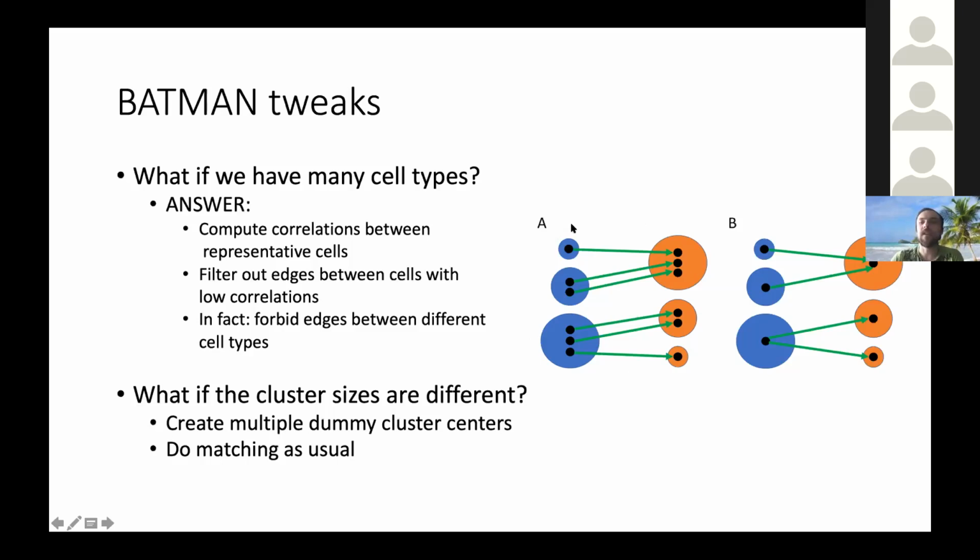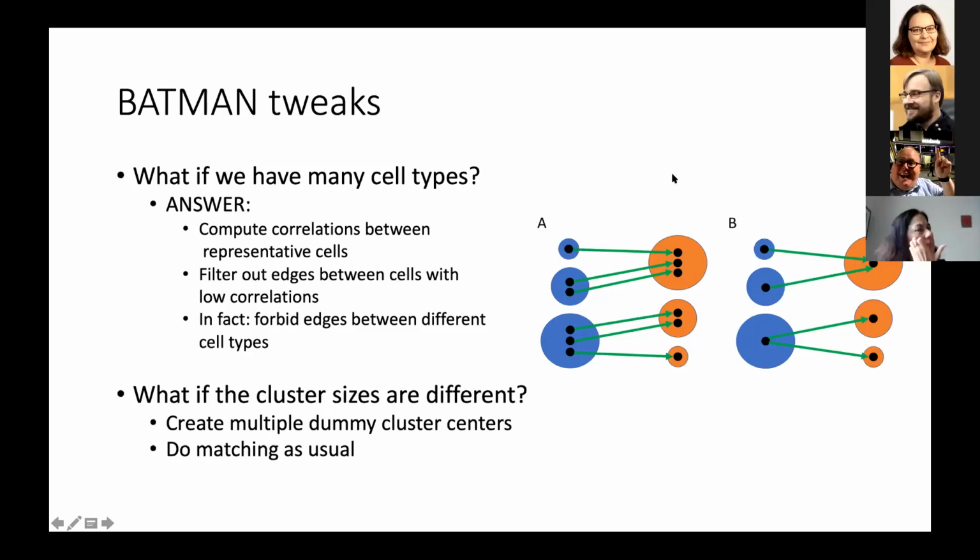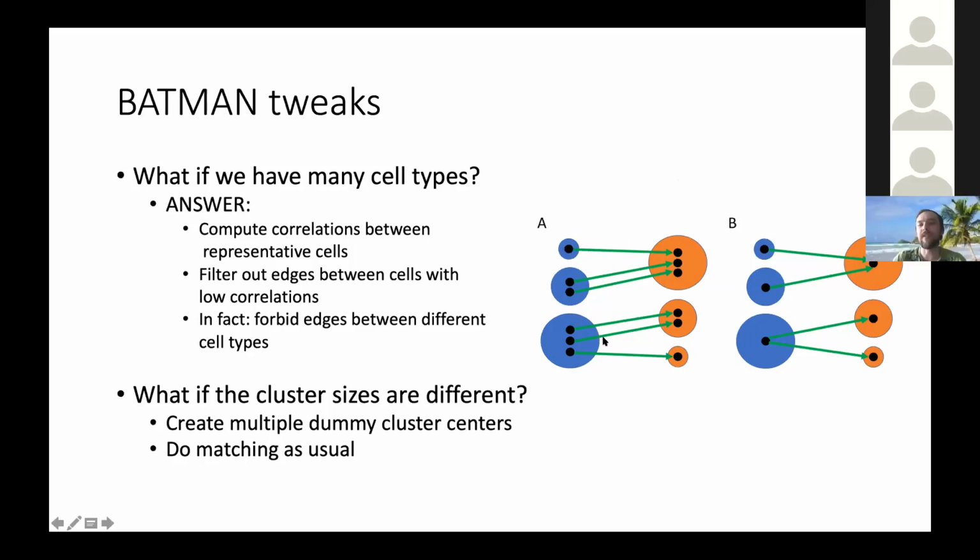So here we have two batches, and if we use the vanilla approach that I just presented, we would match this small cluster to this large one, and then this large to this small one. That's because of a bit uneven local structure of 2 batches.